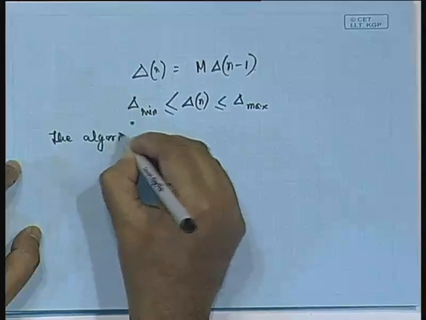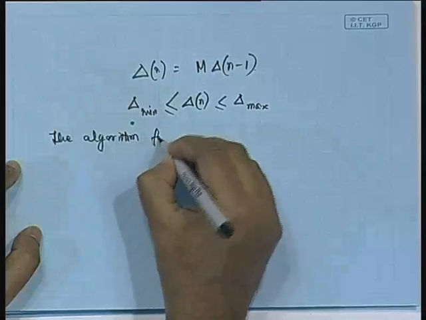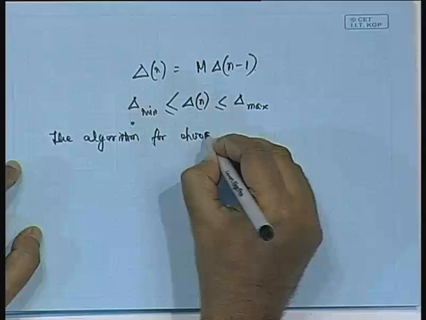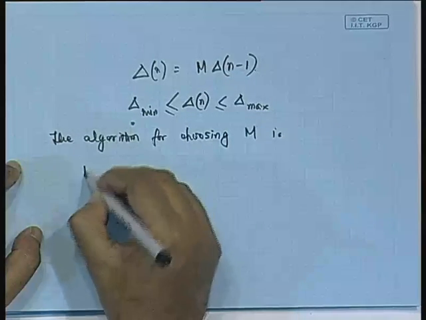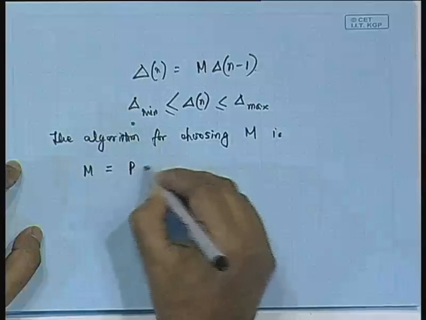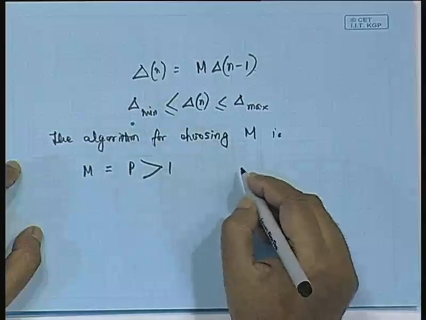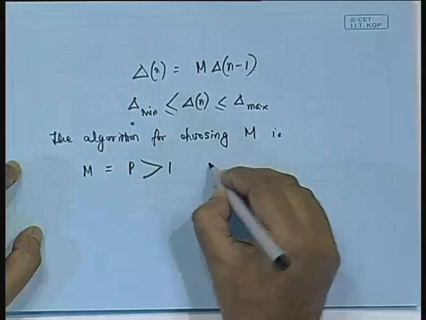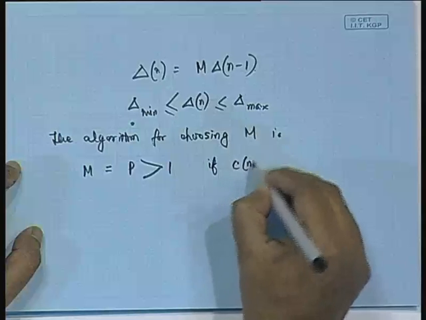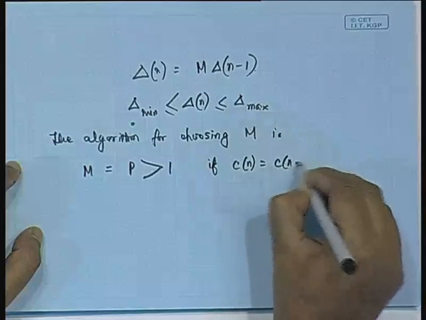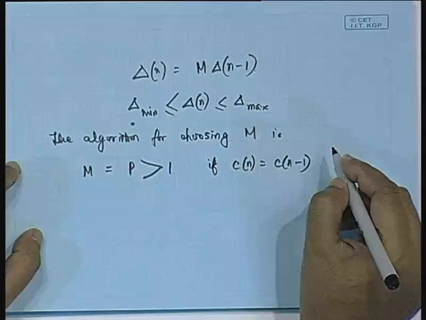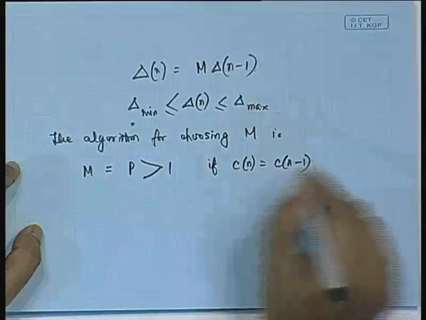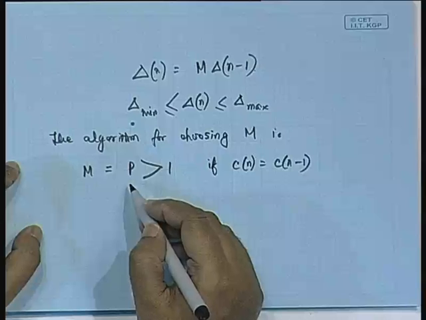So, the algorithm for choosing the step size multiplier m is that we choose m as p, which is a quantity greater than 1, if we have C of n equal to C of n minus 1. This implies that the slope overload will be reduced, because we are increasing by a factor greater than 1.